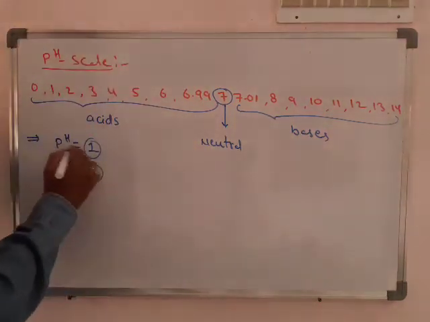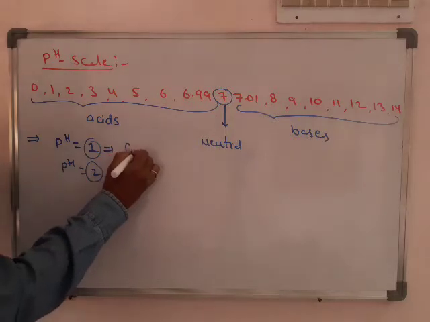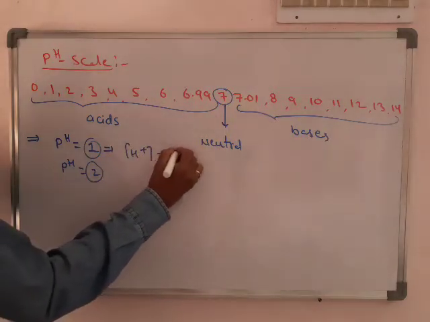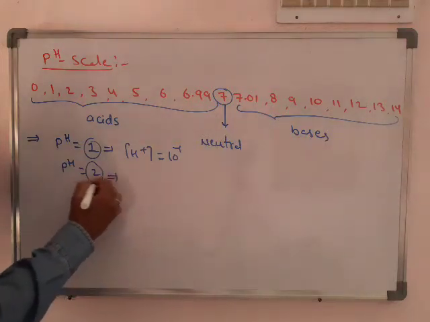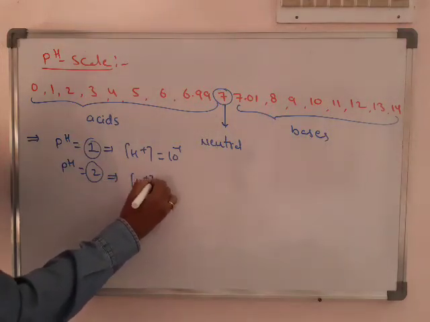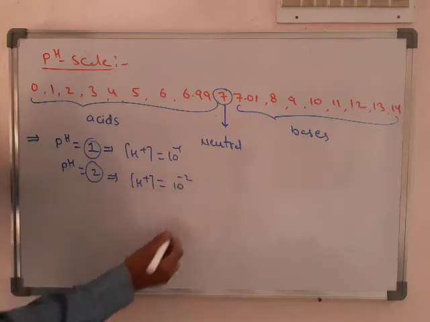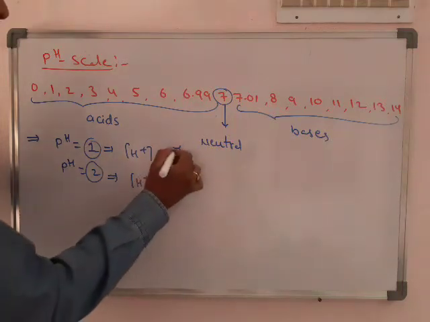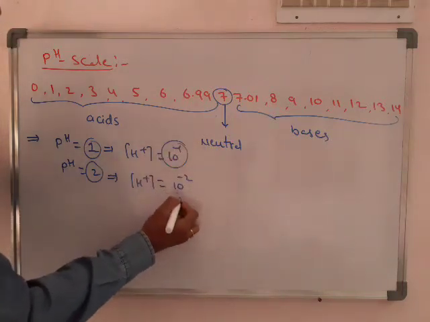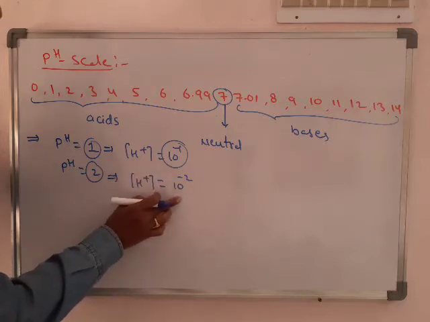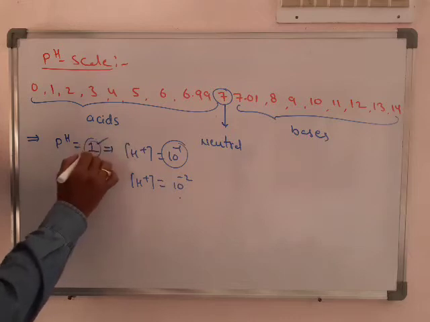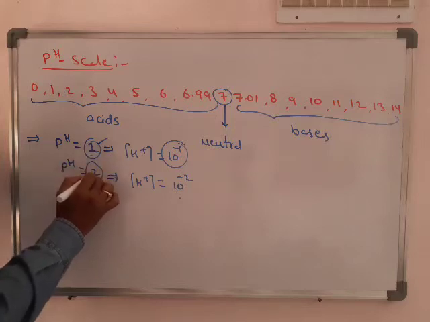pH equal 1 means the H plus concentration is 10 power minus 1. If pH equals 2, the H plus concentration is 10 power minus 2. Which is higher? 10 power minus 1 is greater than 10 power minus 2. So the solution with pH 1 is a stronger acid compared to pH 2.